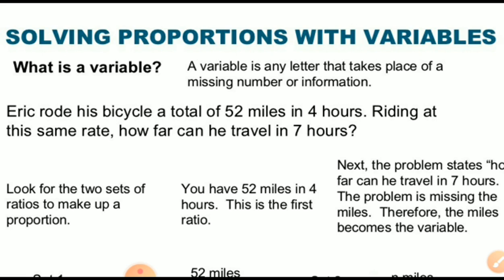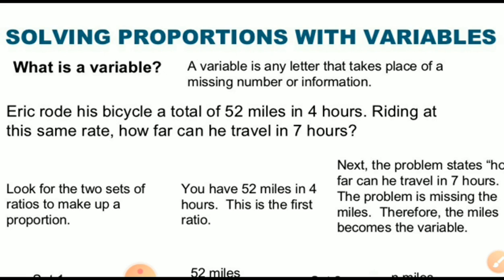Eric rode his bicycle a total of 52 miles in 4 hours. Riding at the same rate, how far can he travel in 7 hours? Look for the two sides of the ratios to make up a proportion. You have 52 miles in 4 hours. This is the first ratio.